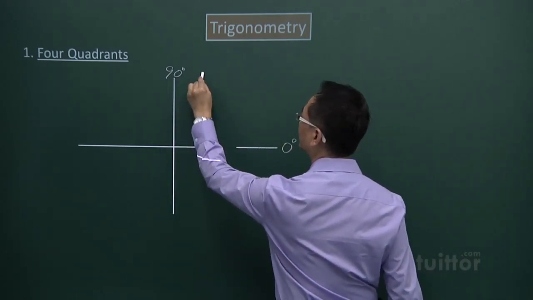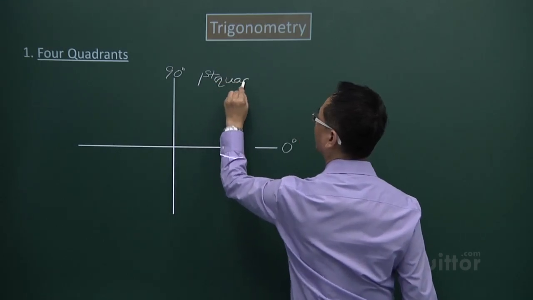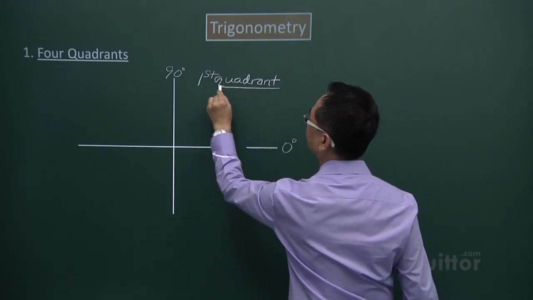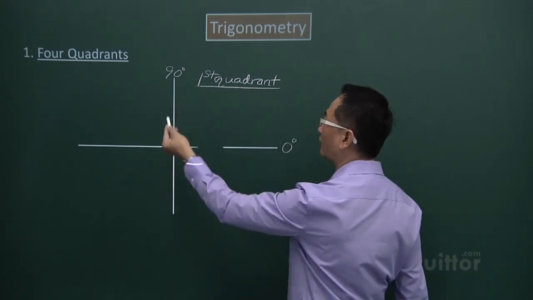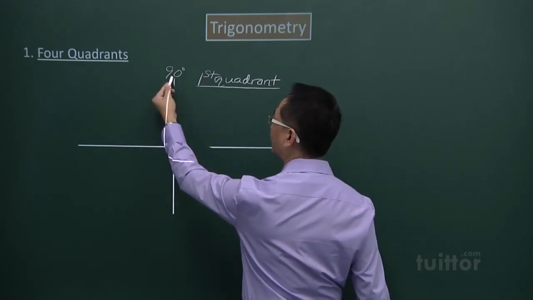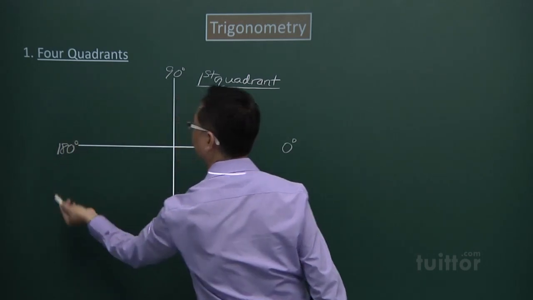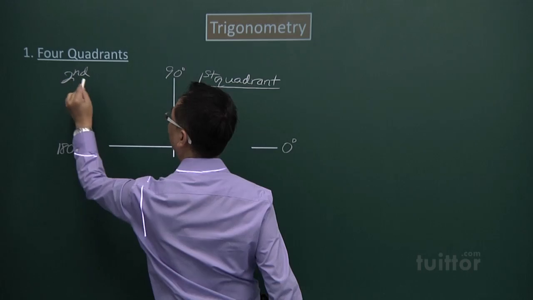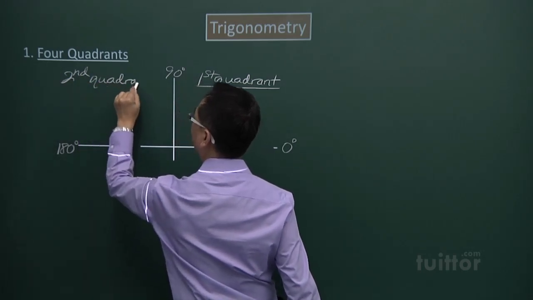So I'll call this first quadrant. And then in the second quadrant, I have angles between 90 degrees and 180 degrees. So that will be my second quadrant.